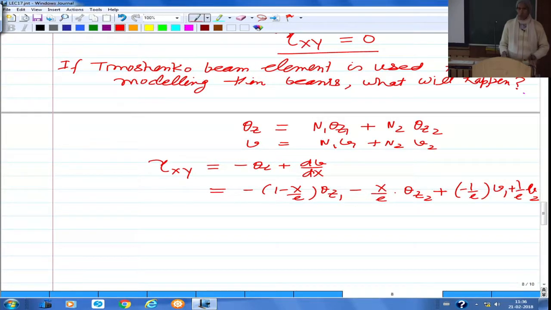So this is what would be your gamma xy when you directly substitute the interpolation for theta z and dv by dx in this expression.